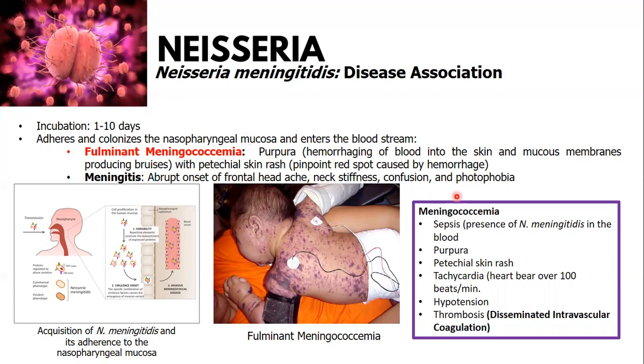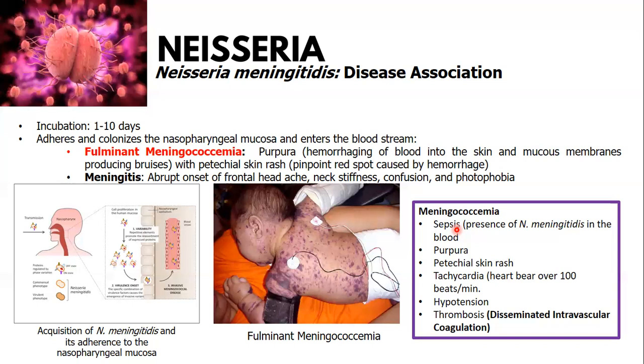Fulminant meningococcemia refers to the presence of Neisseria meningitidis in the blood, resulting in sepsis. The presence of rapidly growing Neisseria meningitidis would also result in the release of lipooligosaccharide, particularly the lipid A component, which contains the endotoxin, as discussed earlier, simply because the rapidly growing Neisseria species would form outer membrane blebs that carry the LOS.